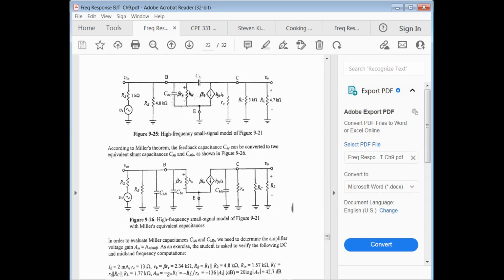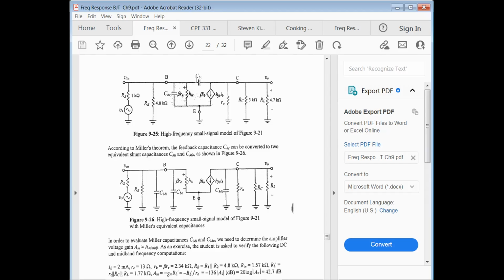I'm going to go ahead and mention it, then we'll go back and go over some of the details. This circuit here is equivalent to this circuit here. Question is, what happened? Well, we no longer have C sub BC across here, but we still have C sub BE. Instead, we now have a capacitance we call C Miller in, C sub MI, that gives this circuit the equivalent behavior as if we had this capacitor across here.